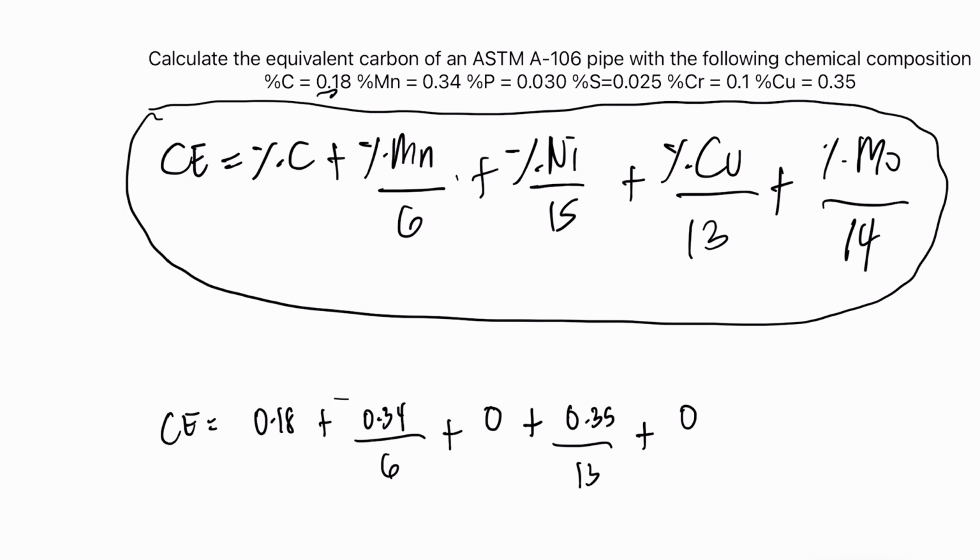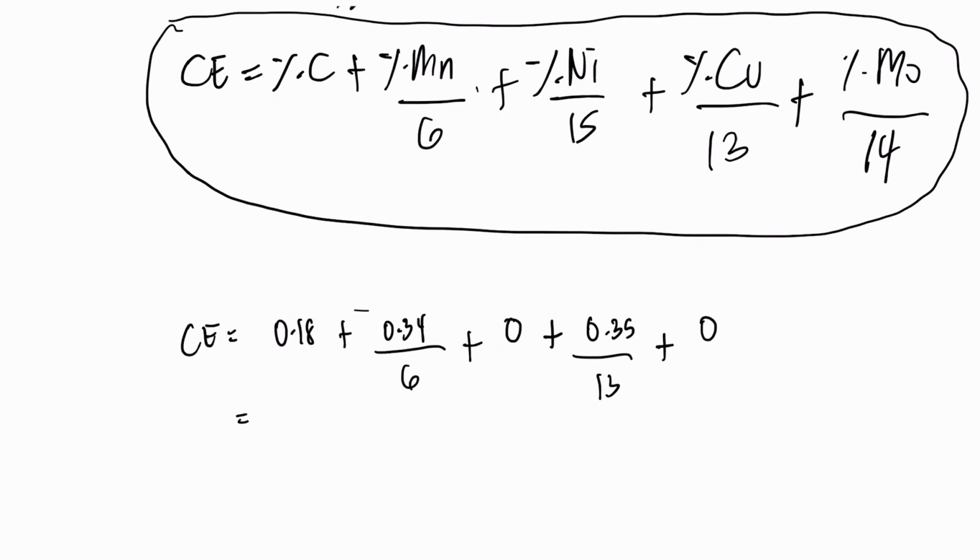Remember that for elements that are not present in the chemical composition of a certain material, you don't need to put them in the equivalent carbon equation. So 0.18 plus 0.34 over 6 plus 0.35 over 13 will give you an equivalent carbon of 0.2635%, or 0.26% equivalent carbon.